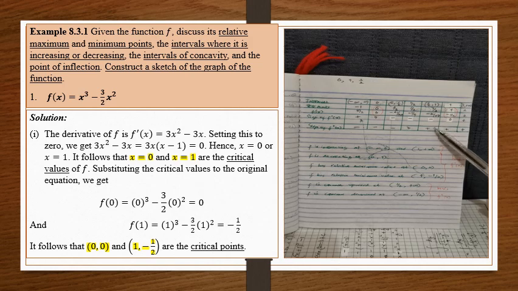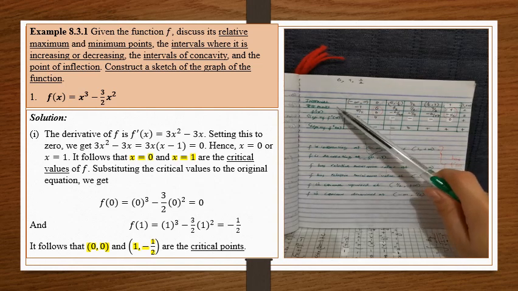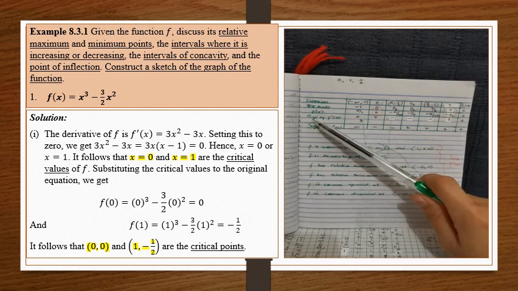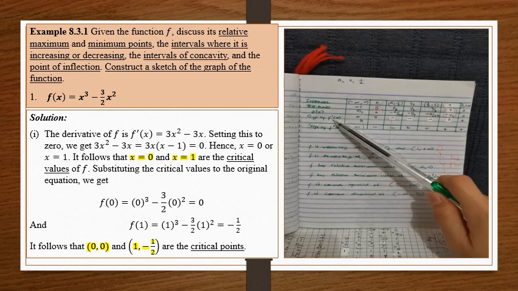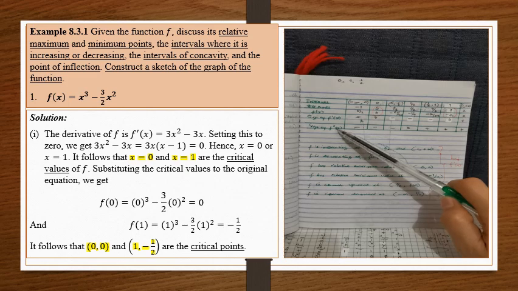Okay, so ito yung tinatawag na sign chart. Okay, so inilalagay ninyo dun sa sign chart is the interval and then the test points, the function f of x, yung given natin na function na f of x, pero hindi ko na sinulat dito yung equation ha. And then the sign of the first derivative na function, and then the sign of the second derivative na function.